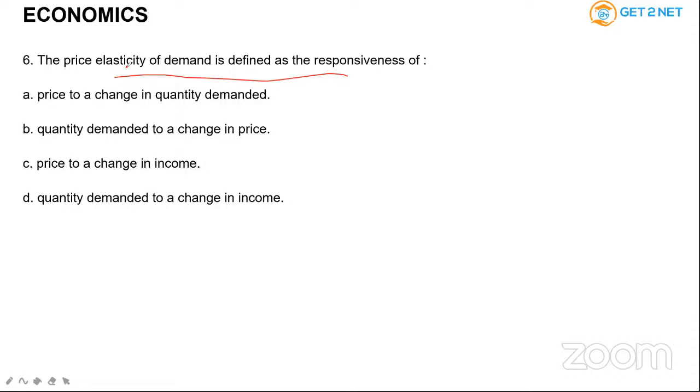Okay, Akanksha. Ritika, try to recall the formula of price elasticity of demand. Yes, absolutely correct. Change in quantity demanded divided by change in price.